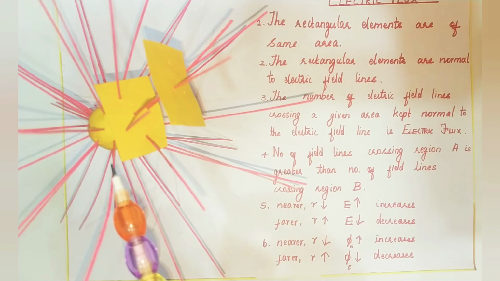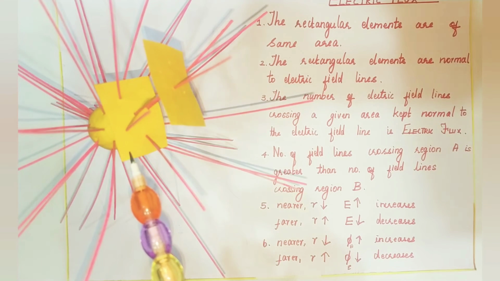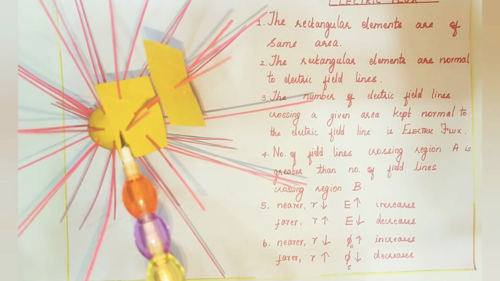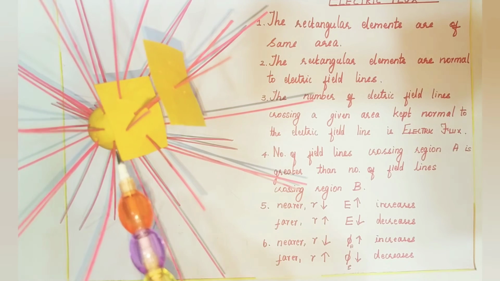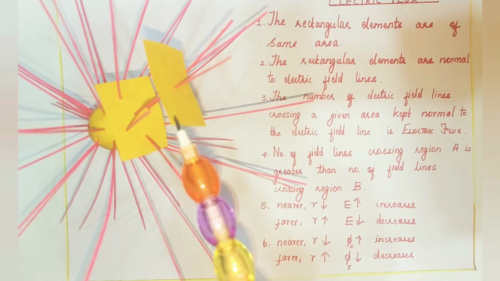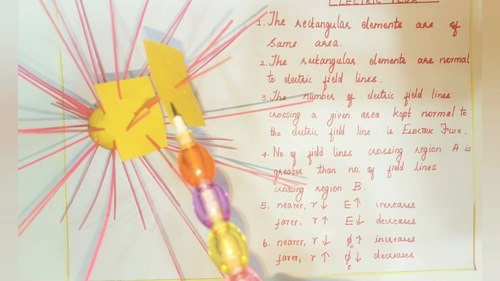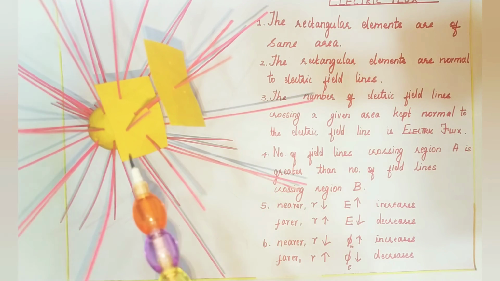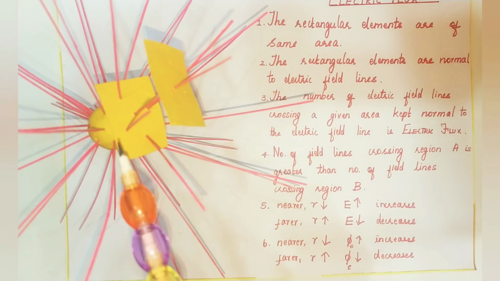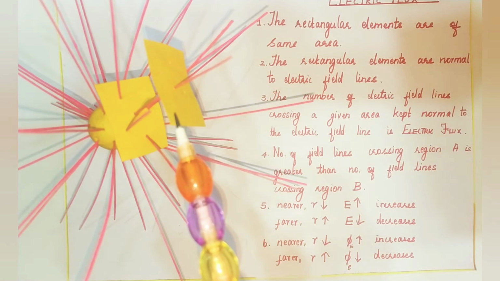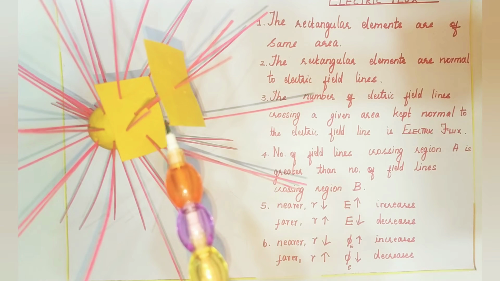The number of lines crossing this region is 1, 2, 3, 4, 5 lines are passing through this element. Here, the number of lines passing through this element is only 1. That is, more lines are passing through the element nearer to the charge and fewer lines are passing through the element farther from the charge.